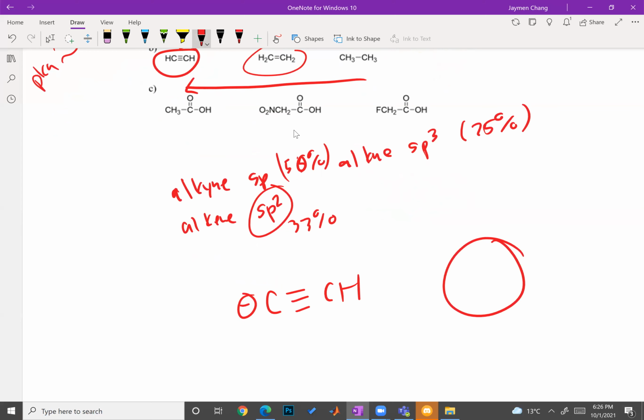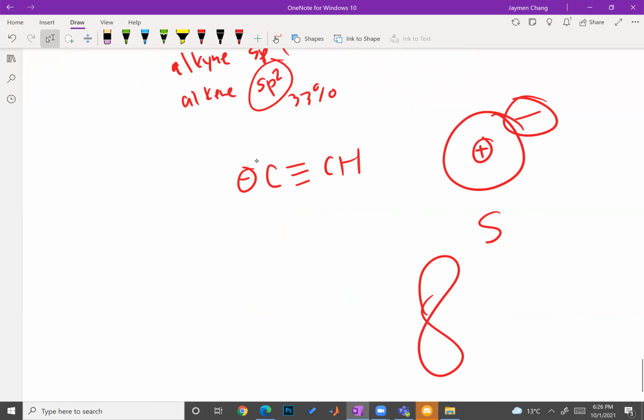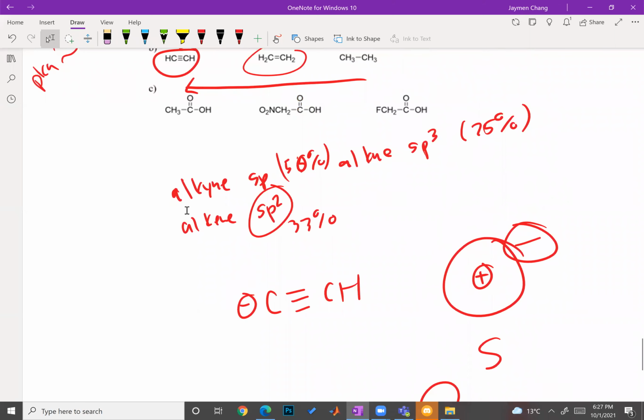An s orbital with a positive nucleus is better at stabilizing a negative charge. However, with a p orbital, where the positive charge is, we can't even have the electrons there. So it's not as good at stabilizing the negative charge. The more s character we have, the better it is at stabilizing a negative charge.